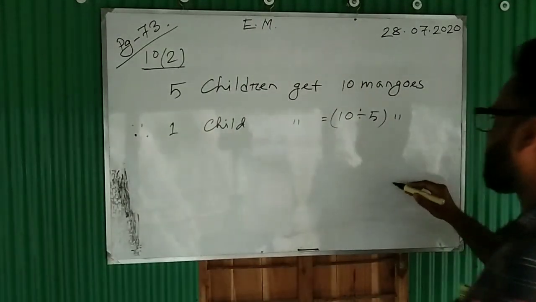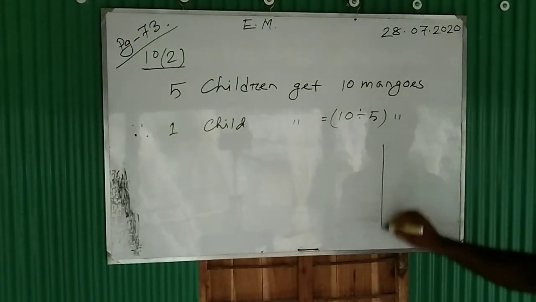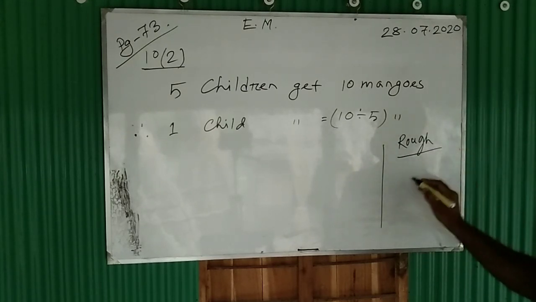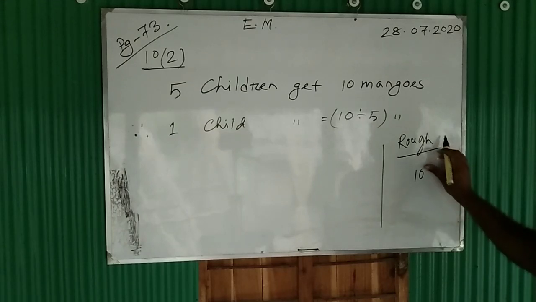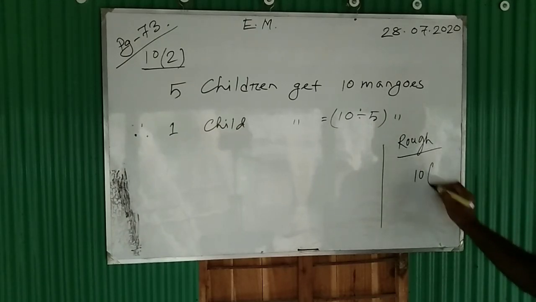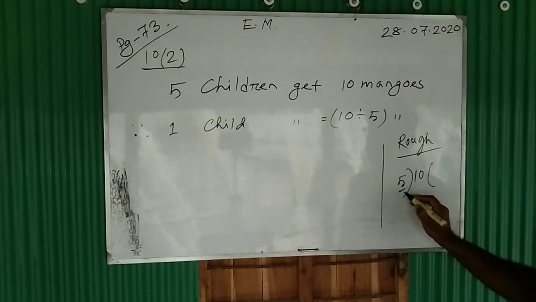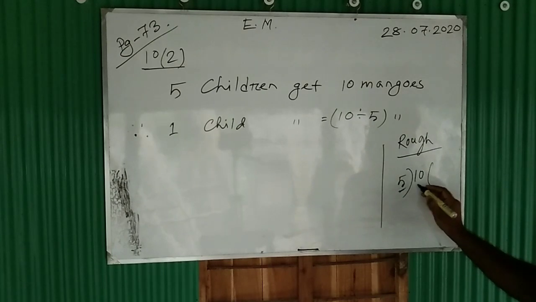Now, at first, for the rough part, 10 divided by 5. Here the divisor 5 is 1 digit, and in the dividend the first digit is 1.